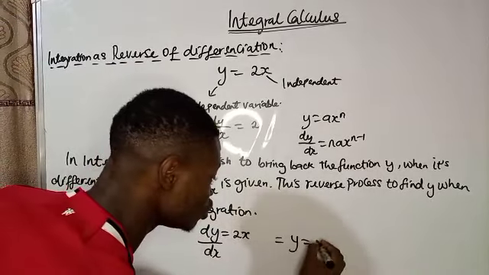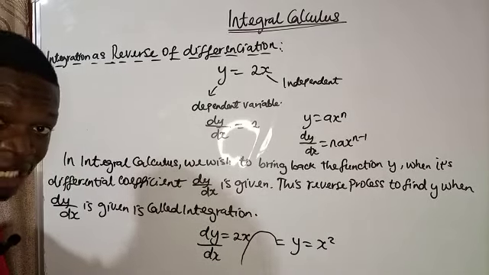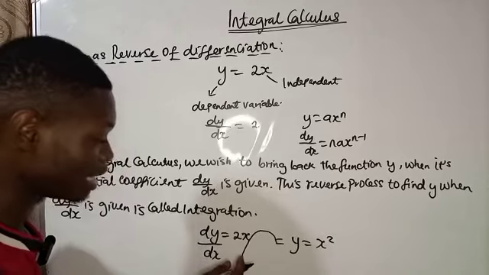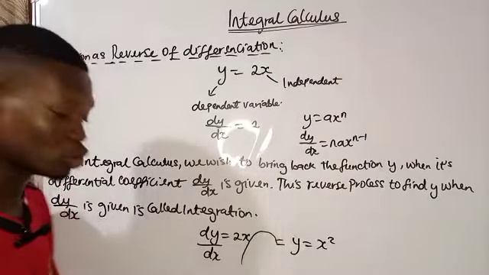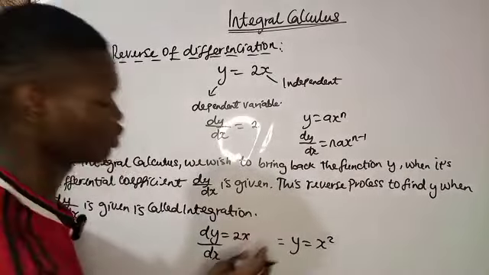Are you following now? So finding back the y function is called integration, the reverse of differentiation. I move this thing back from here to this point. So that is integration. Now, this is y is equal to x squared.